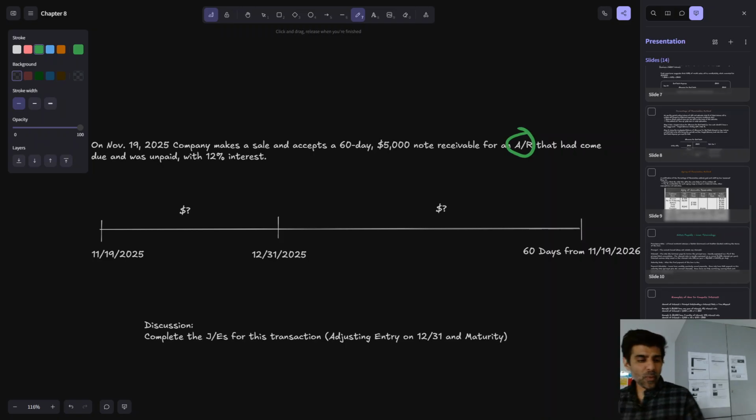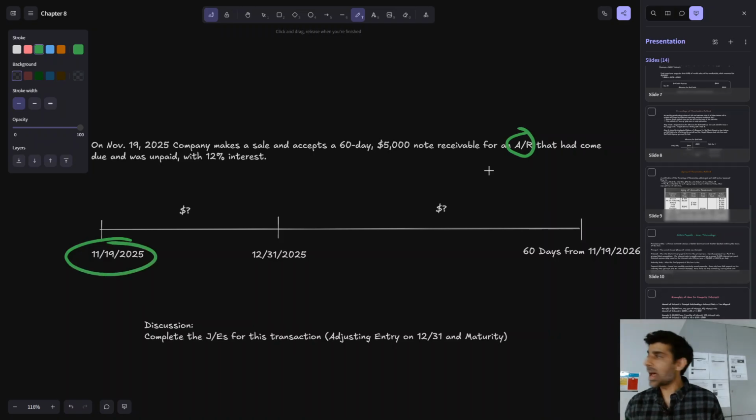Okay, so there's one journal entry that happens here where we convert the account receivable to a note receivable. We'll do an adjusting entry based on the fact that this note receivable now has a stated interest rate, and there's been some amount of time that's passed from here to here. So you have to do a journal entry here for calculating that interest. And then when you pay it off, there'll be another one here.